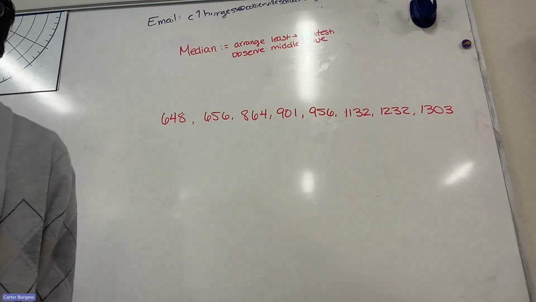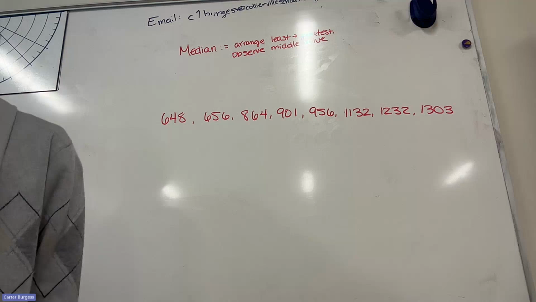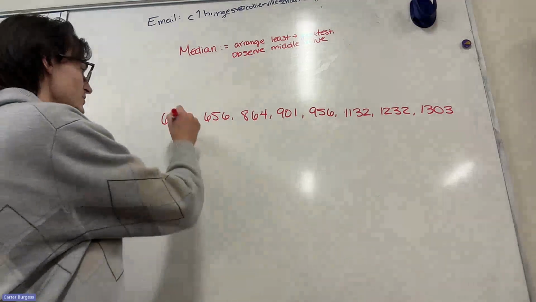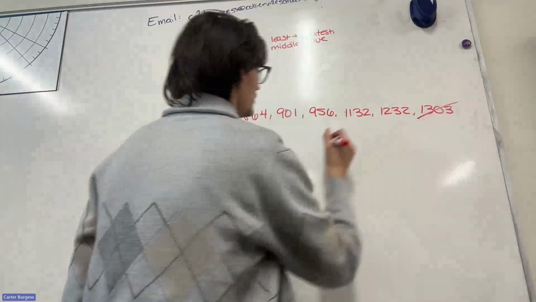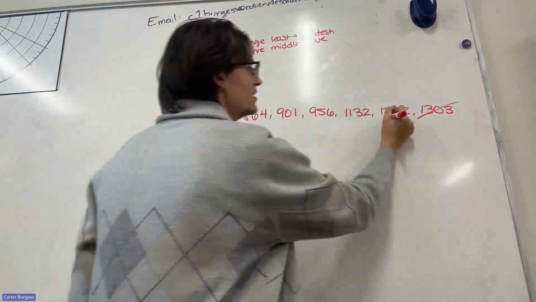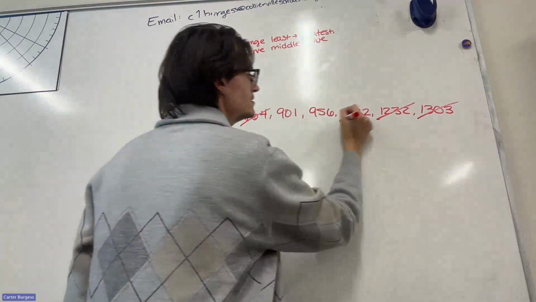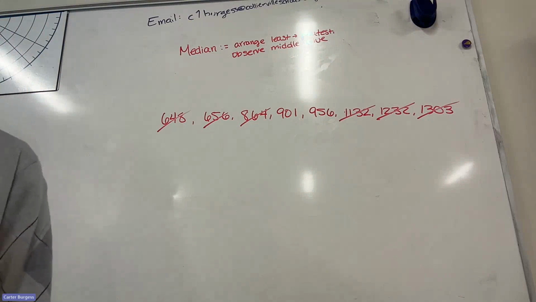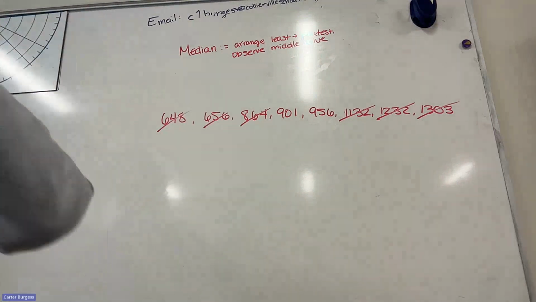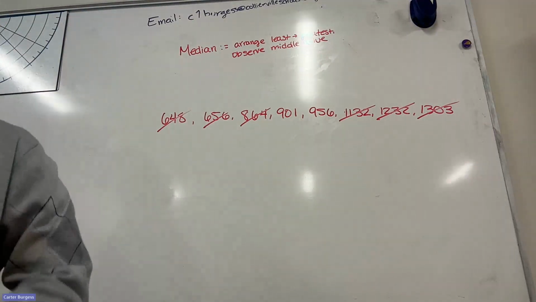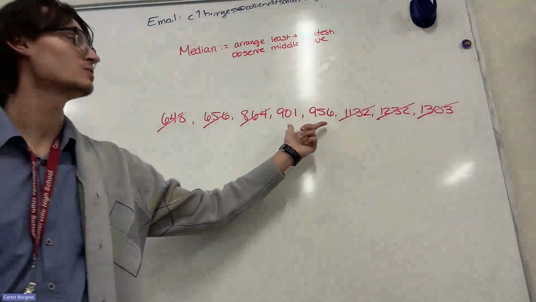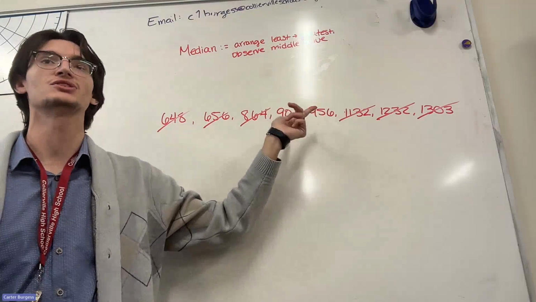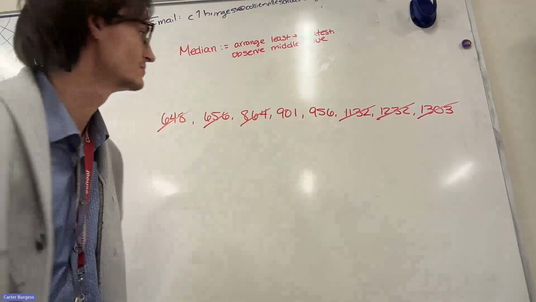I think the strategy that you guys have probably seen, the one I've been taught, and it's kind of annoying because I don't have a way to do this really fast, is we just go through, we strike off one from each end until we reach the middle. Problem is here we have an even amount of data. There isn't one exact value that sits perfectly in the middle of everything. What do I do when I run into a situation like this where I have two values at the center of my data?